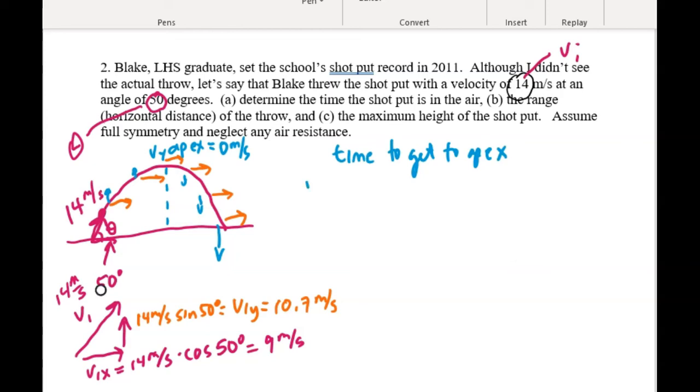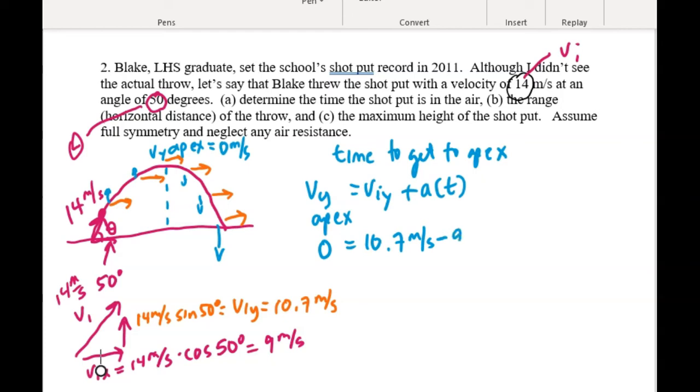So I can say the Vy at the apex, this will be my how fast equation, is my initial Vy plus At. Because it's in free fall, that A is really G, negative 9.8 meters per second squared. So at the apex, again, my velocity in the Y is 0. But my initial velocity was 10.7 meters per second.